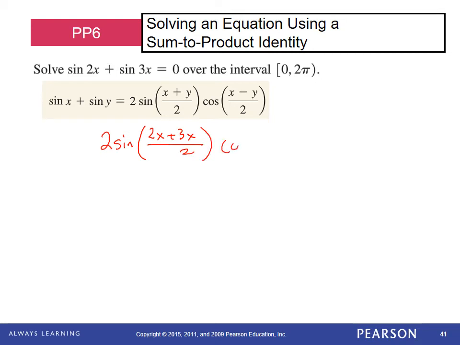Then it's going to be cosine of 2x minus 3x over 2, still equal to 0. Everybody good there so far? So then how about we get ourselves a 2 sine of 5x over 2, cosine of negative x over 2 is equal to 0.